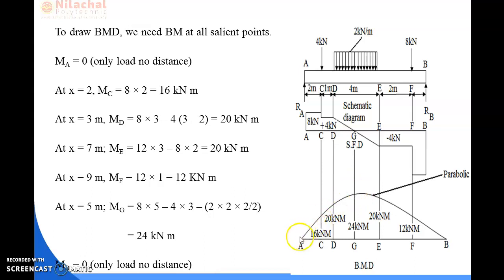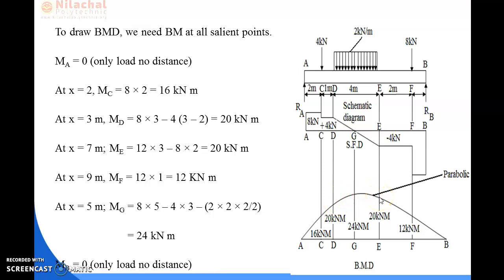You can see, by joining all the points, we get the bending moment diagram of this beam. And another thing: from point D to E the UDL is placed, so the bending moment from point D to E looks like a parabolic shape.